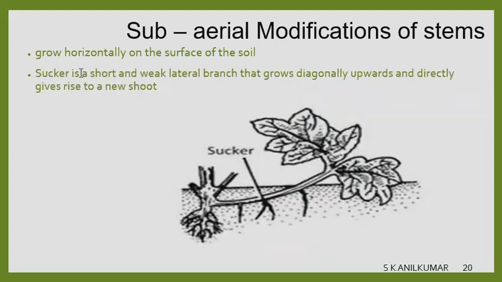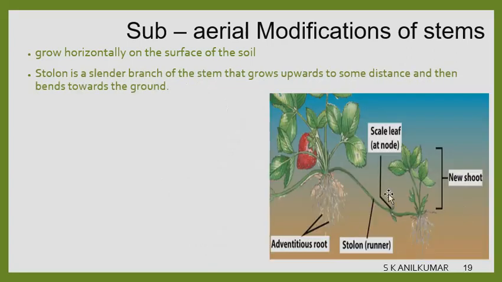Then we have the sucker. What is a sucker? A short and weak lateral branch grows diagonally upwards and directly gives rise to a new shoot. Here, the branch grows up, comes back down to the soil and then bends on the ground and sticks to the ground.